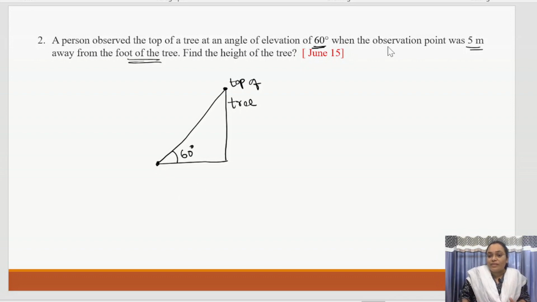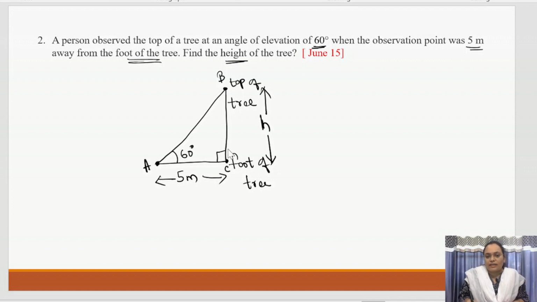This is the observation point, and the observation point was 5 meters away from the foot of the tree. So this is the foot of the tree, and it is 5 meters away. I'm just writing all this so that you can easily understand the word problems. We need to find the height of the tree.